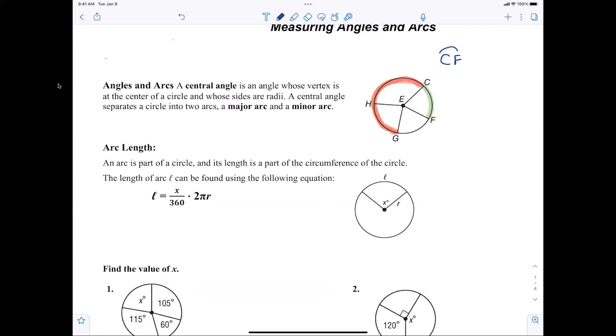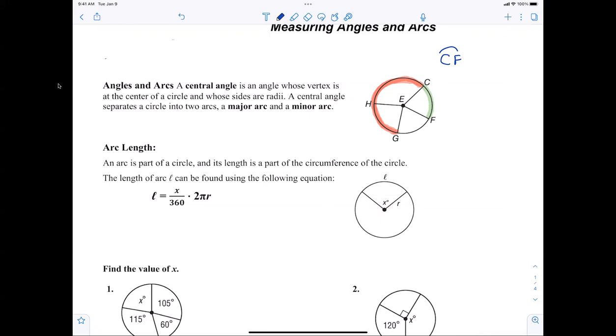Very simple. That would be considered a minor arc because it's less than 180 degrees.